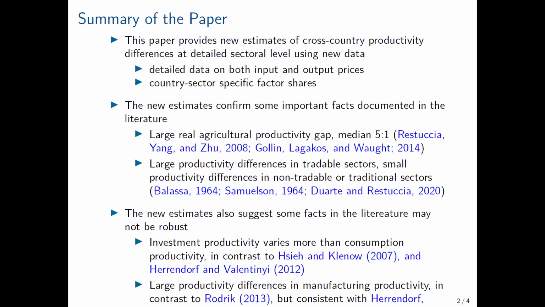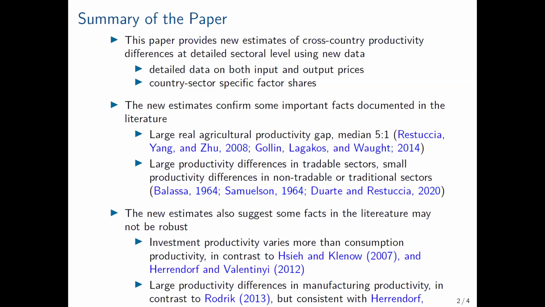But what they find here is the opposite. The investment productivity gap is very small across countries compared with consumption. And part of the reason, as I try to understand it, is that the price is also very small in the investment group.